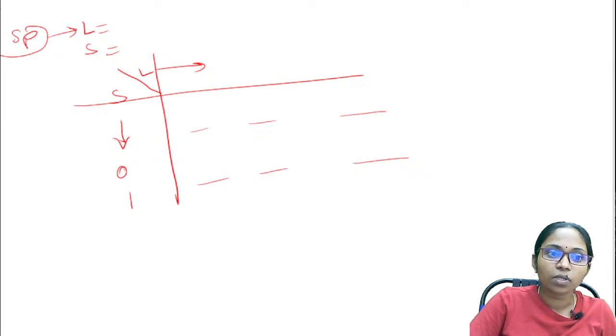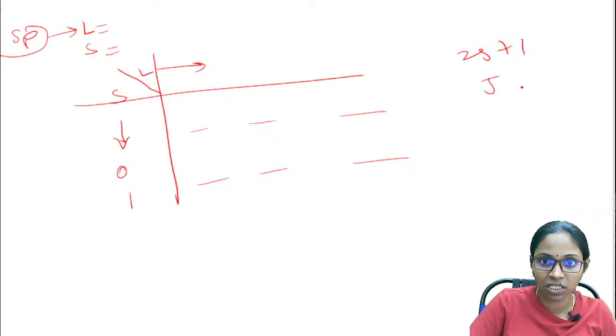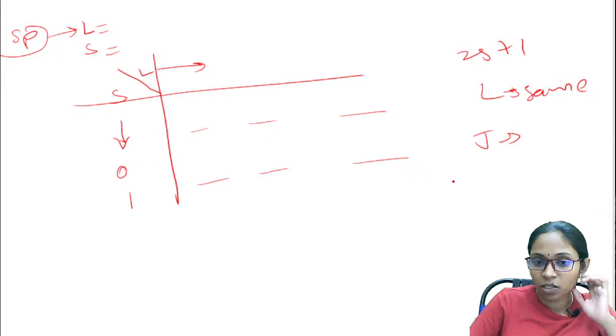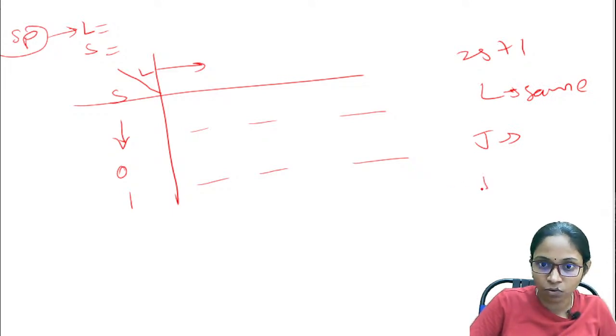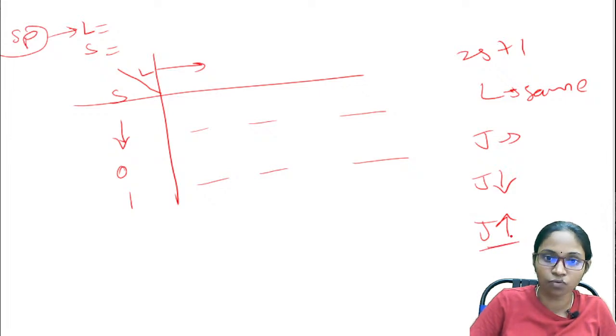Then you check for the higher multiplicity to find the ground state spectral term, then go for L. If L is the same, then go for J. If the orbital is less than half filled, then go for the lower J value. If the orbital contains more than half filled electrons, then go for the higher J value. I hope your doubt is cleared.